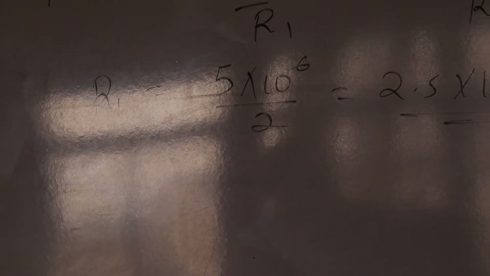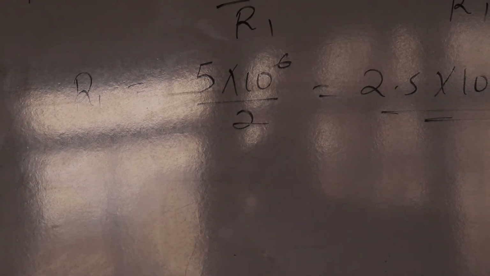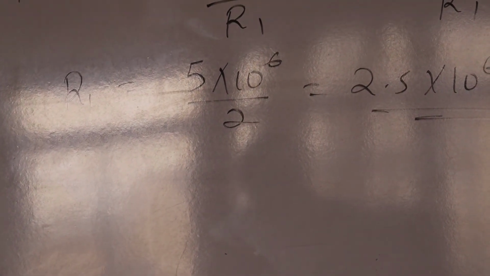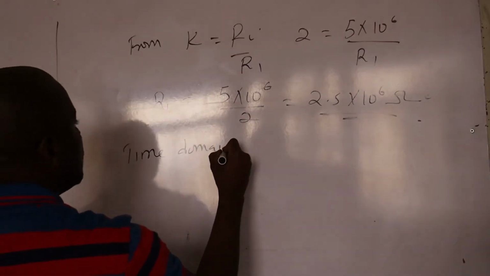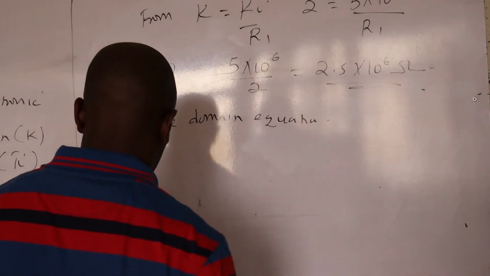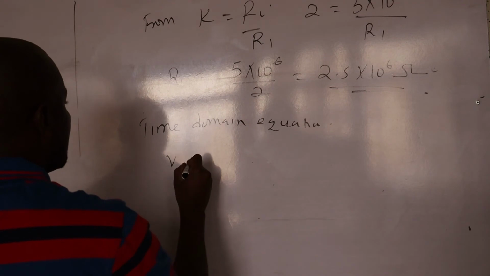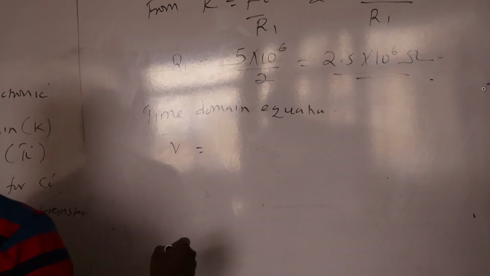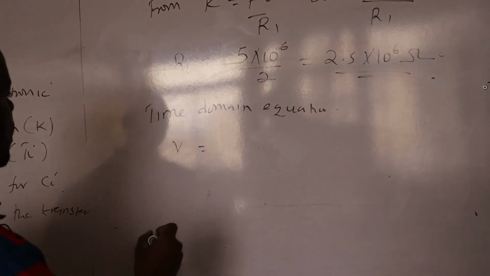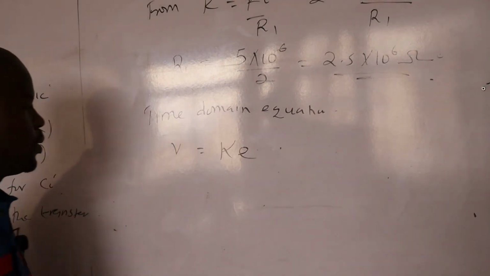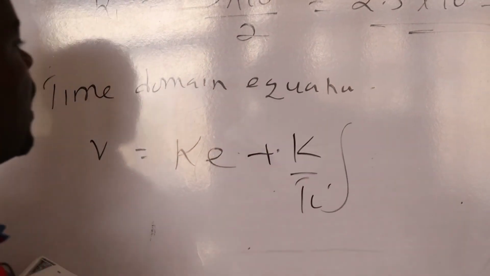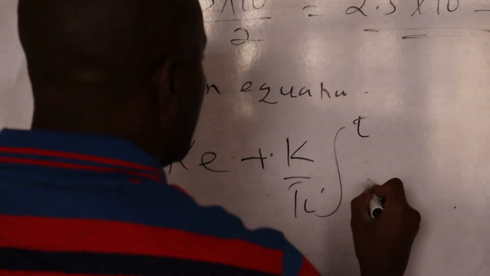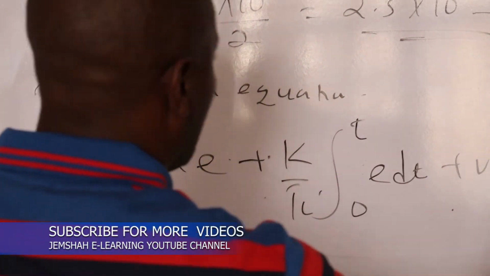Then, for the time domain equation, we simply write it as it is and give the values that are available. Because we are talking about proportional plus integral, the first part is directly proportional to the error, while the second part is directly proportional to the integral of the error between 0 and t, e dt, plus v naught.